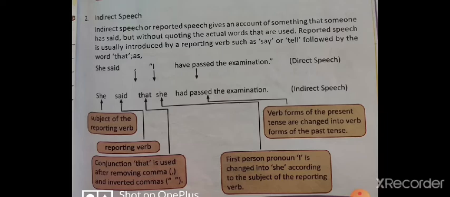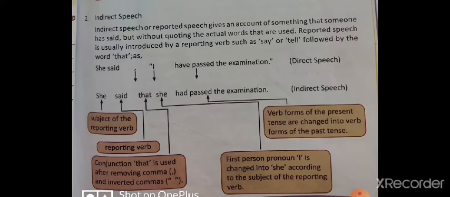According to the exact subject of the sentence, which is she, the first one changes. And had passed the examination: the verb form of the present tense is changed into the form of past tense. So whatever is written in the present tense becomes past tense, because the thing must have happened after that only. All right, I hope that it is understood.